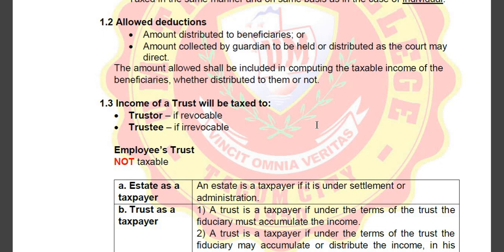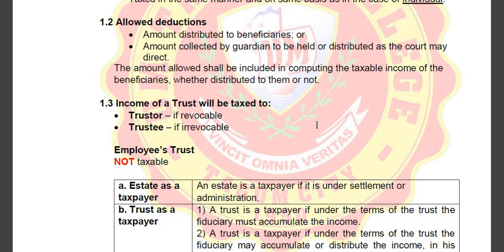Income of a trust will be taxed too. It depends. If the trust is revocable, meaning the ownership of the property in the trust will revert to the owner or to the trustor or grantor, then the income of the trust will be taxed to the trustor.